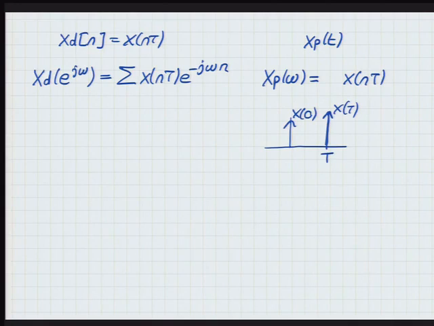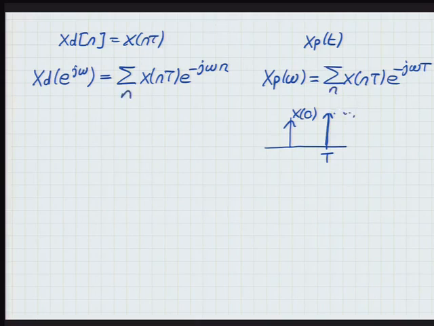It's still 1 multiplied, because of the time shift, by e to the negative j omega capital T n, right? And we have infinitely many of those, so we have to sum this over n, right?